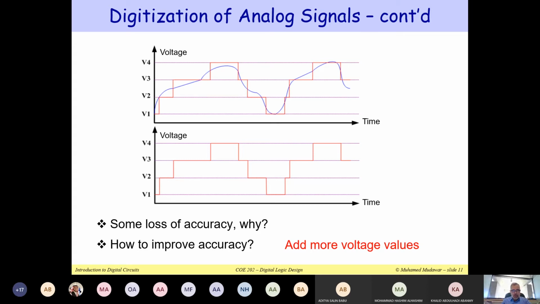We can even have more, right? So the more voltage values we have, the more accurate the digital signal will become. That's really the idea to improve the accuracy of the digital signal. Is this clear? Do you have any question about this?